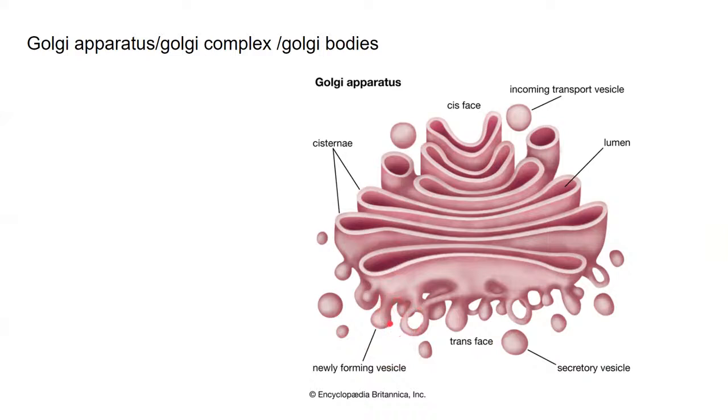It's packaged into vesicles, which are now single membrane, right? They bleb off from one side of the membrane to form vesicles that have mature protein in them. Now this can be secreted, called the secretory vesicle, or can be used within the cell. So that's essentially what the Golgi body or the Golgi apparatus is.